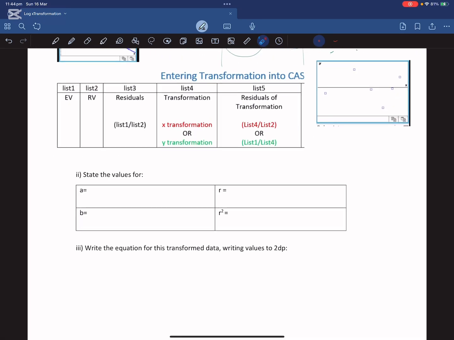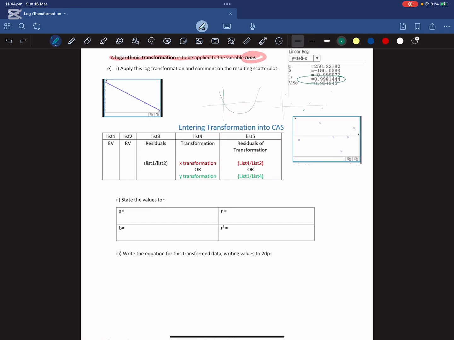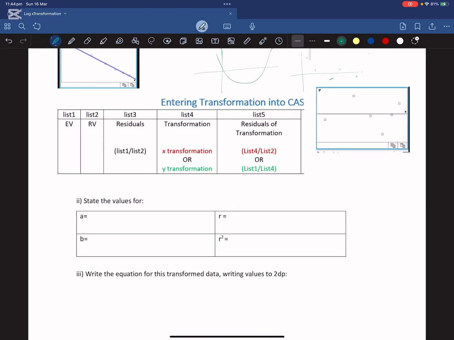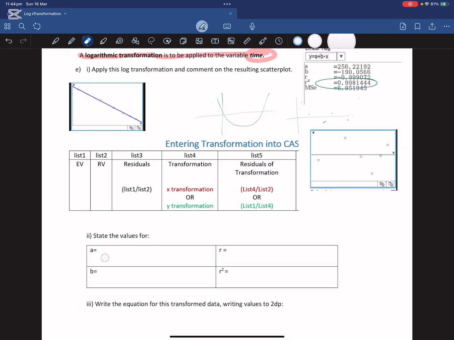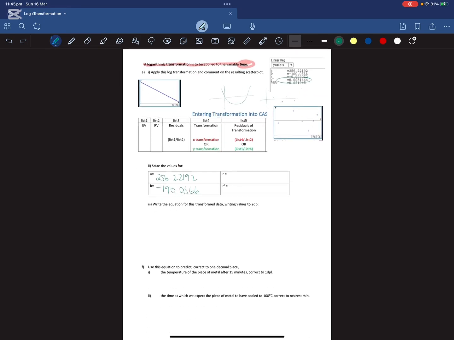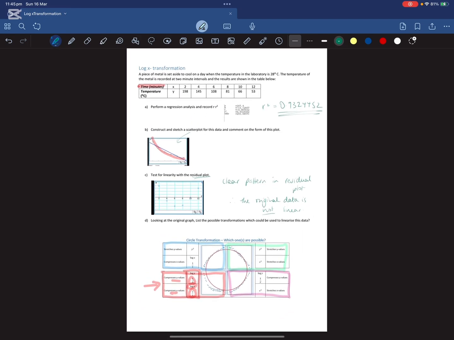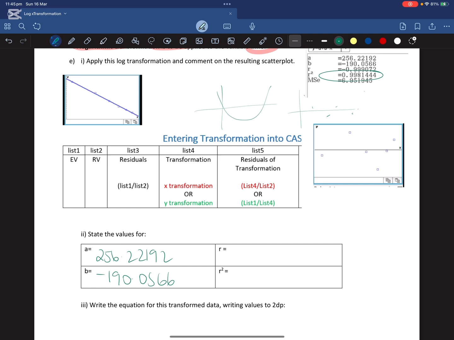All right, so if I write down my A, my B, my R squared, 256.22192 and 19566. Now, don't worry if, for example, you originally had negative values, so these ones are both negative, but sometimes when you do a transformation, your direction might change.